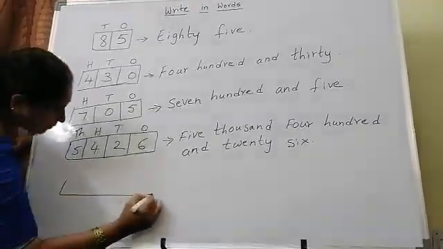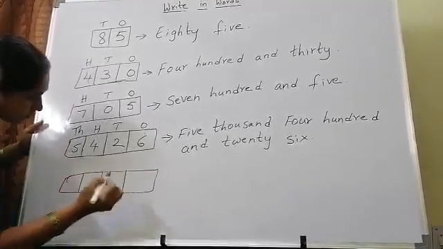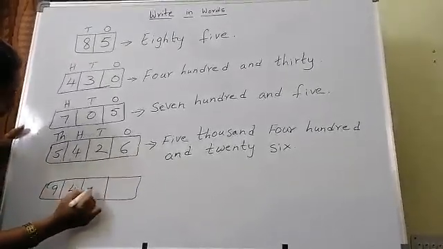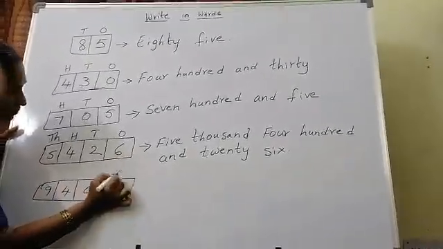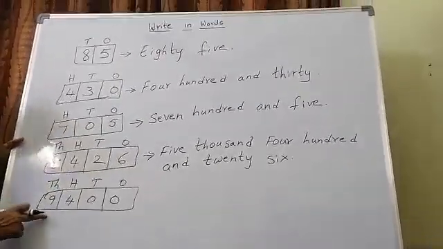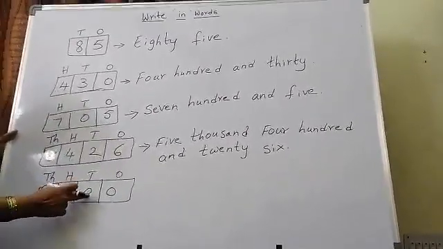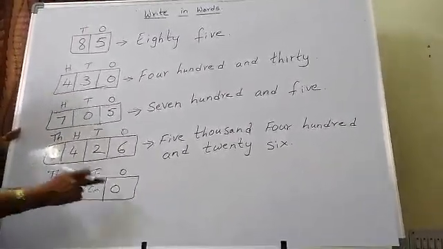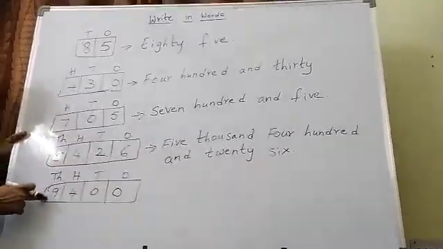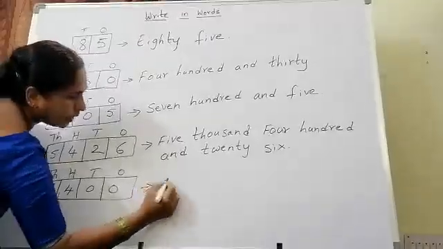See another example, 9,400. 9 in one box, 4 in one box, 0 in one box, 0 in one box. After writing the number, again write the place values. Here 9 is in which place? Thousands place. So 9,000.